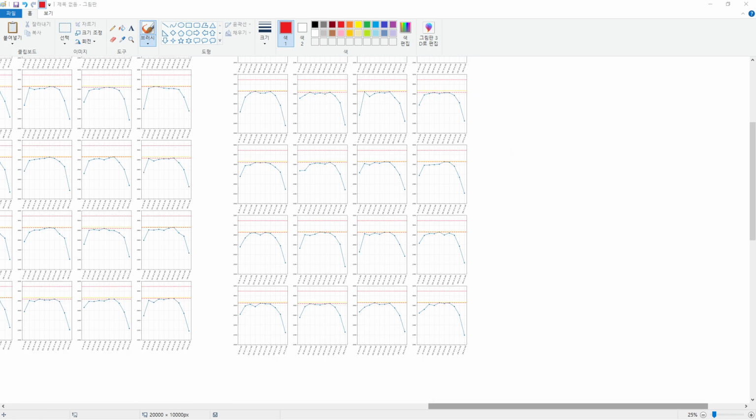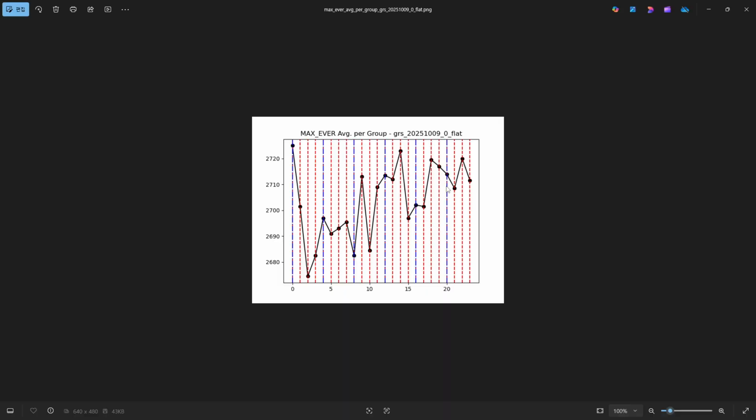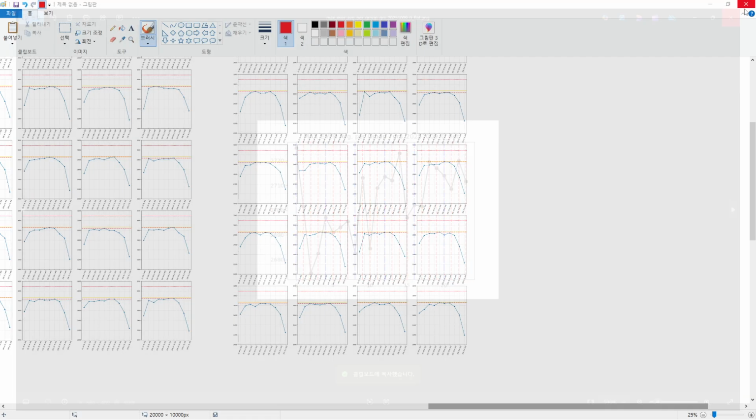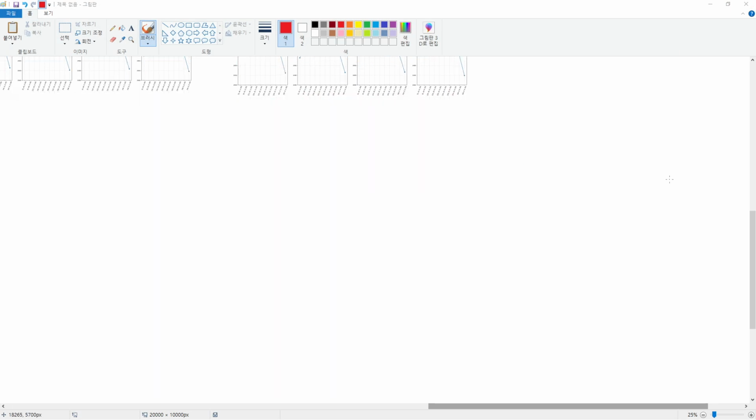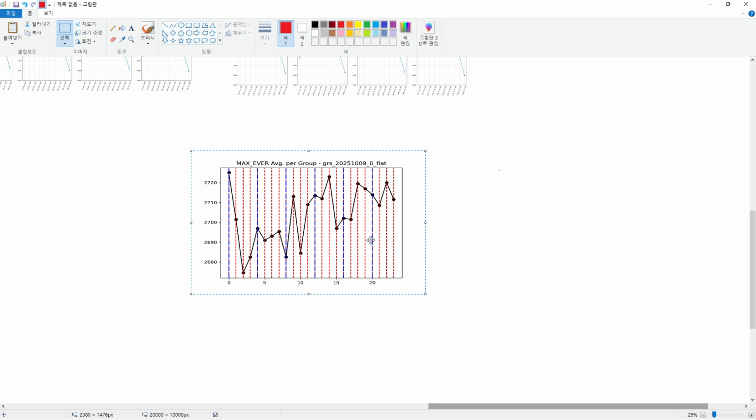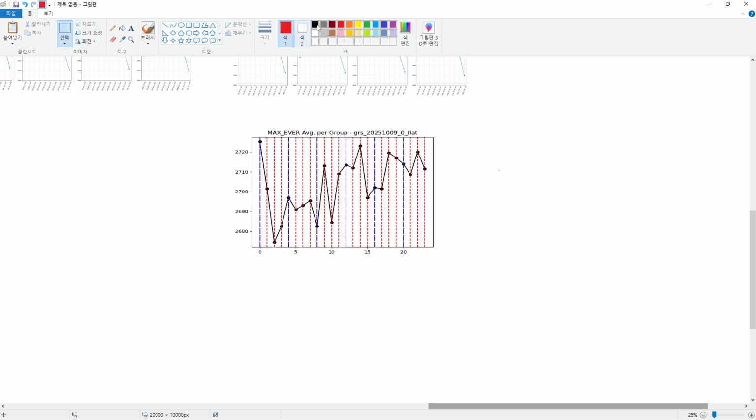So let's bring up the average of maximum errors, and again we do see that trend going on, but it is still quite random.